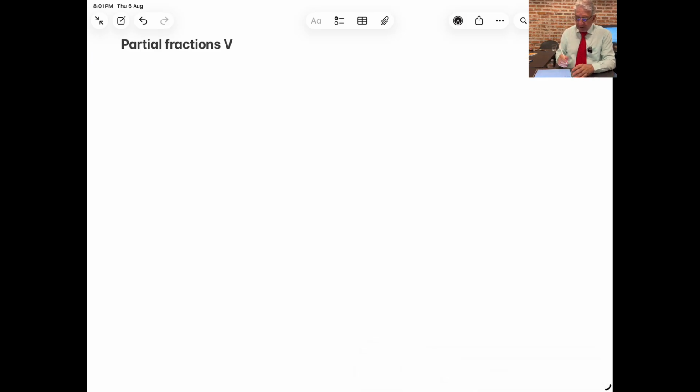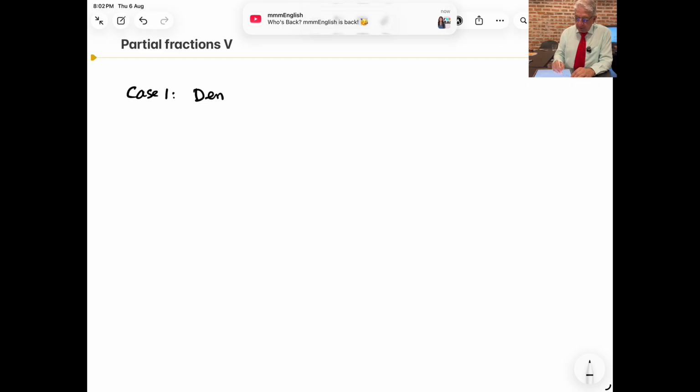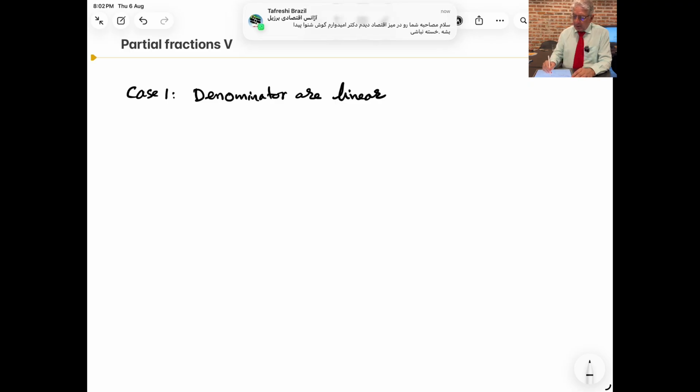Case one is when the denominator can be factorized into linear expressions. Therefore, the denominator consists of linear expressions.